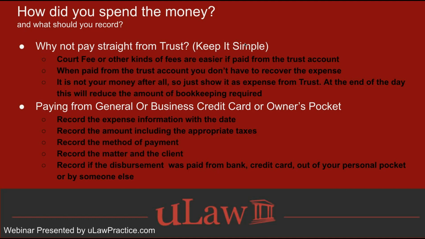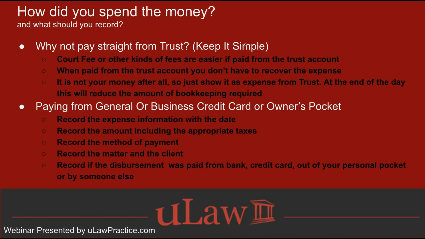For example, if you used your own photocopy machine and created some photocopies, you cannot say you paid for that from trust. Of course, ultimately, you are going to move the money from trust to general for what is lying in your trust for this client. But while billing, you have to use general for the purpose of anything with profit motive.